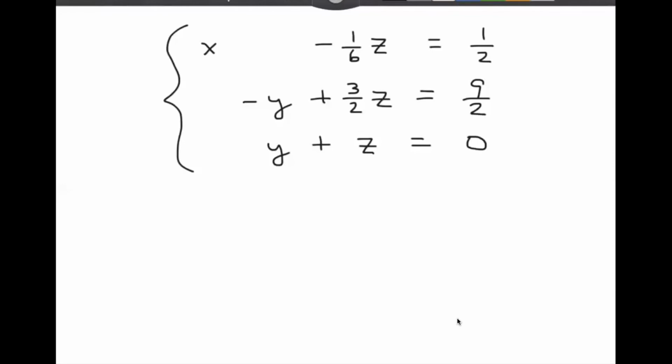And here's where we are so far. So we have the X column just the way we want it. So now we're going to continue. So the next big step is this second column, the one with the Y's. We want to make it so that the only Y in that column is in the second row. All right. So the first step is let's multiply the second row by -1.